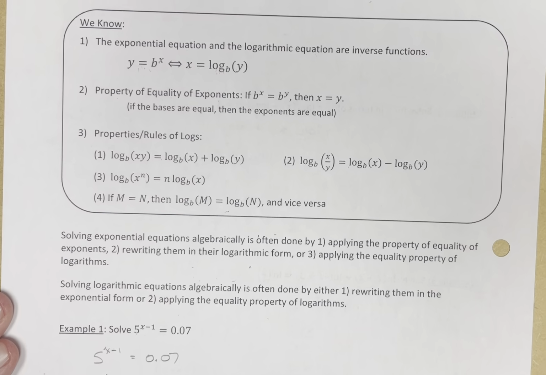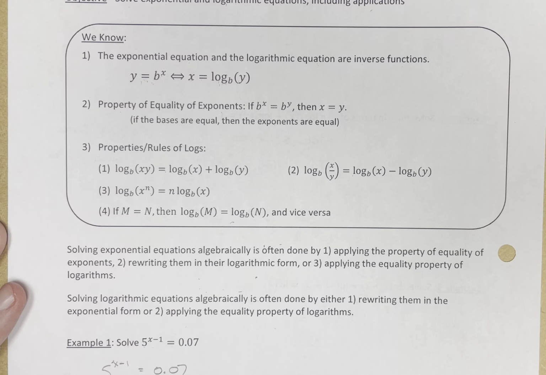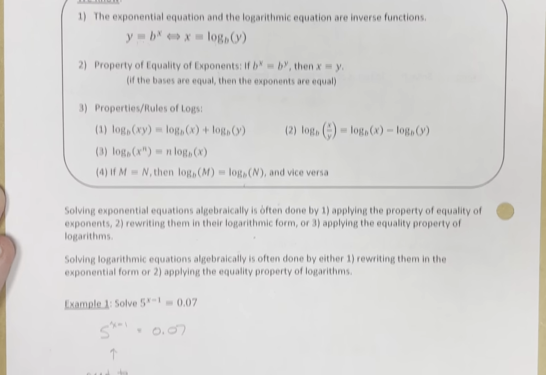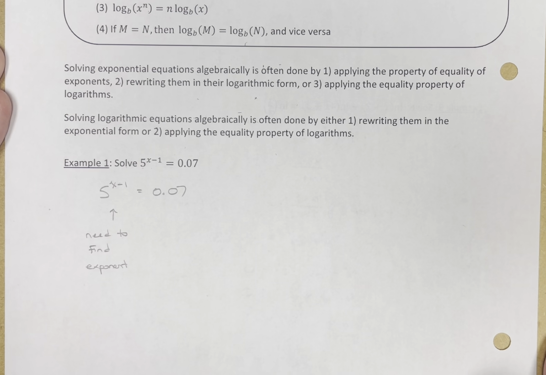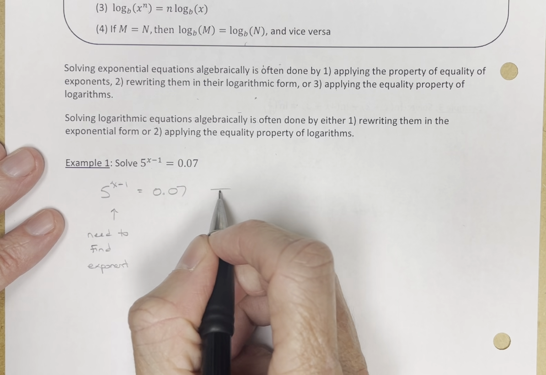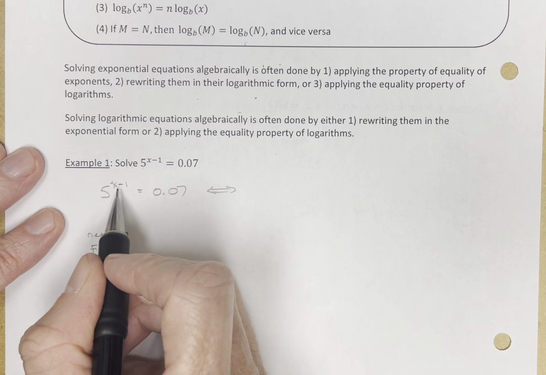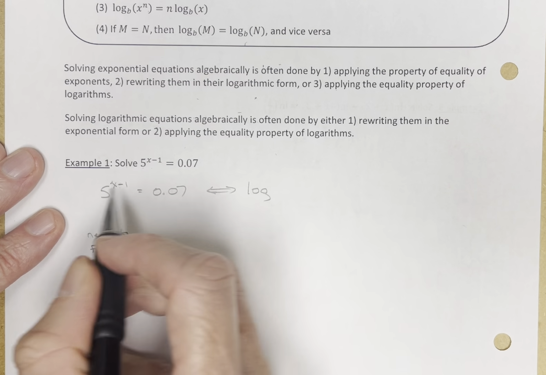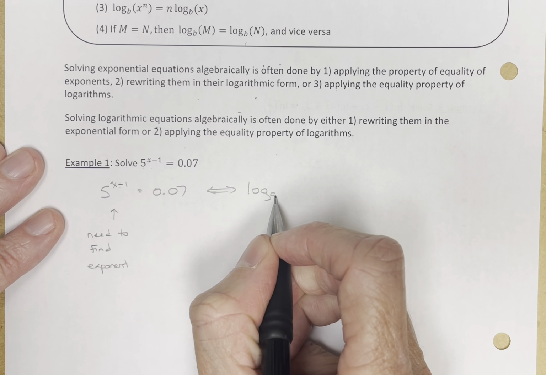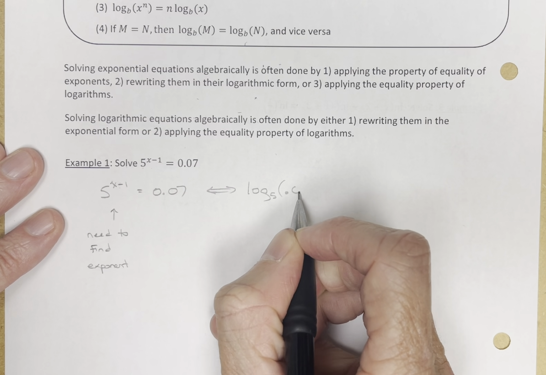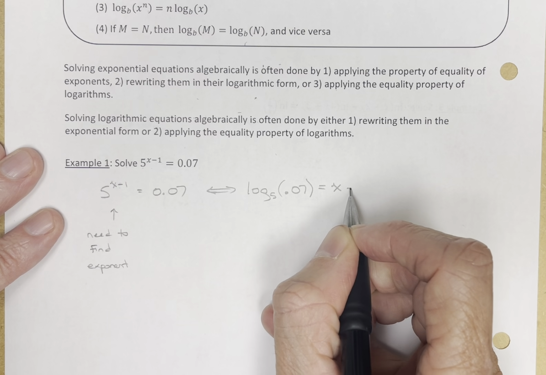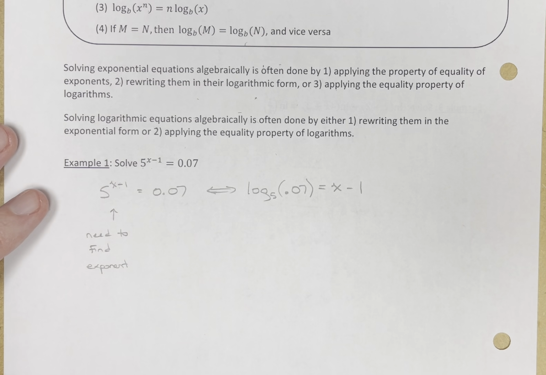If I go up to here again, the very first one I have up here, the log gives us the exponent. So I can rewrite this in this log form. I know the log will get the exponent. So the log base 5 of 0.07 will give me the exponent, x minus 1, because that's what logs do.